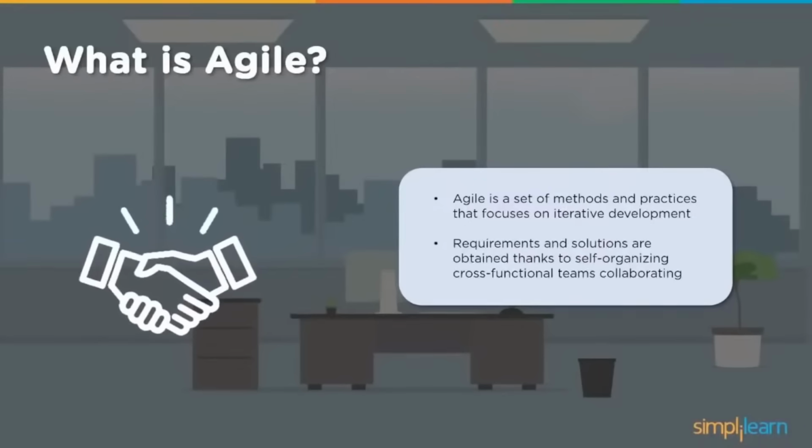Requirements and solutions are obtained through self-organizing cross-functional teams collaborating. These are teams of size 7 plus or minus 2, in which each member has various different skills that complement each other. Today DevOps speaks about this cross-functional team owning everything as a single team.